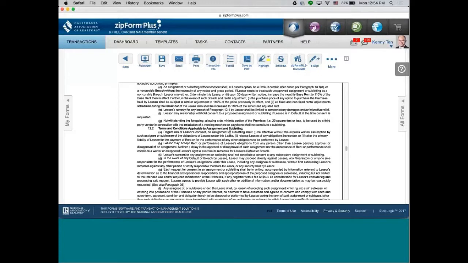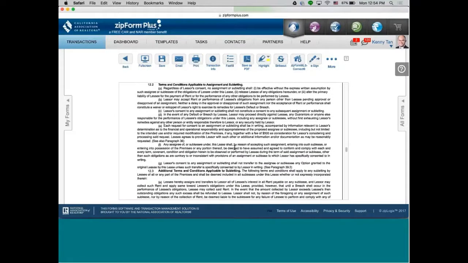That's right. Terms and conditions applicable to assignment and subletting. Okay, let's talk about that. These are important actually. Regardless of lessor's consent, no assignment or subletting shall be effective without the express written assumption by such assignee or sublessee of the obligations of lessee under this lease.